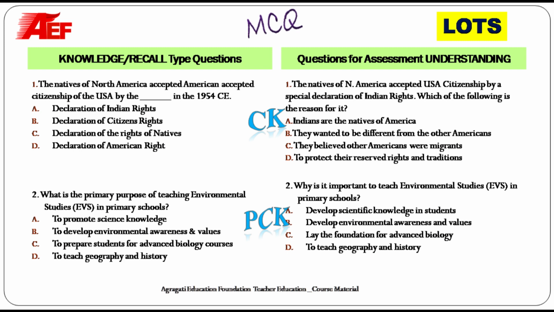So the student will need to make meaning of each option given, and then arrive at the correct option. In this case, it is to protect their reserved rights and traditions. So D is the correct option.